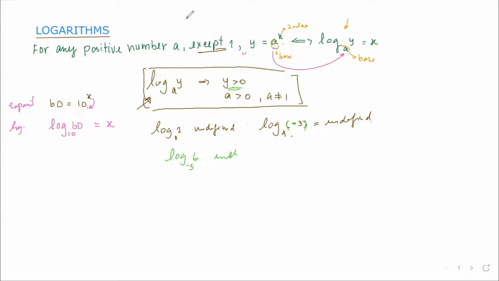So this one has no solution. Why? Because this a, the base, must be greater than 0, but now it becomes negative here, so there's no answer, or undefined. So this is a really important definition.